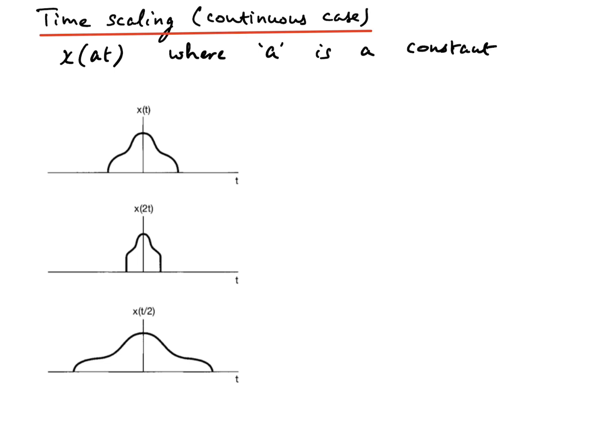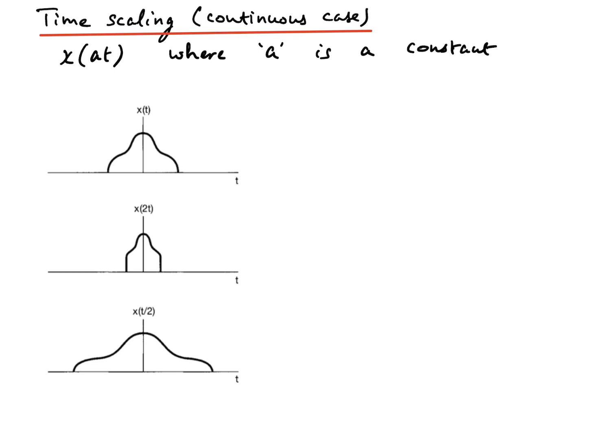Depending on the value of a, in time scaling we get the same shape of the waveform, but it is scaled in time. This one has become a compressed version of the original x of t, and at the bottom, when you have t by 2, that is an elongated or expanded version of the original x of t, right?